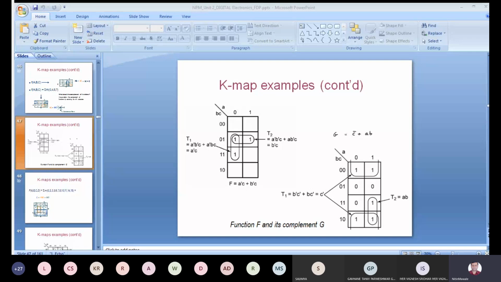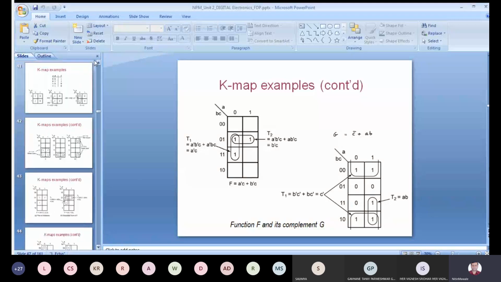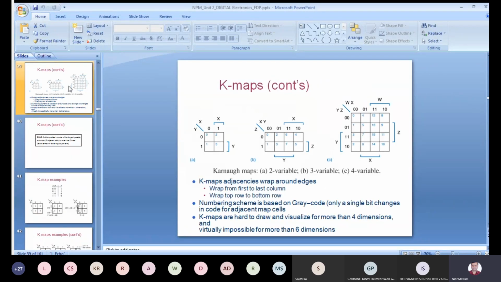Note down the cell numbers 0, 1, 3, 2, then 4, 5, 7, 6, 12, 13, 15, 14, then 8, 9, 11, 10. If some students have joined this class today only, I will just show the formation of the K-map.